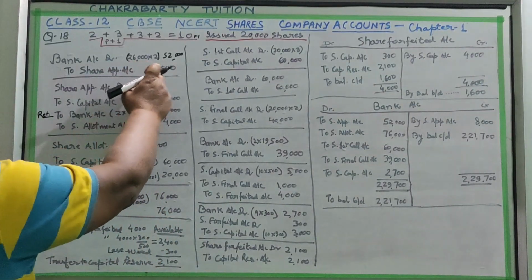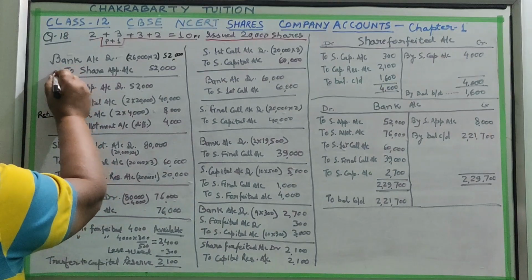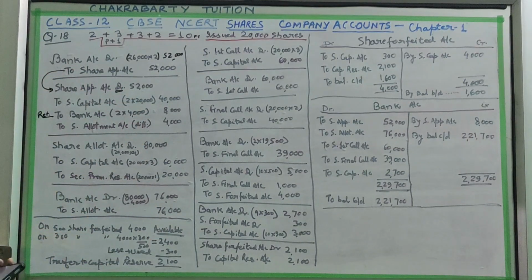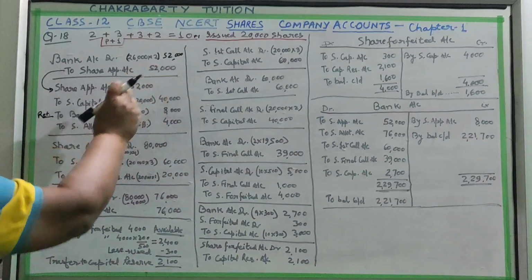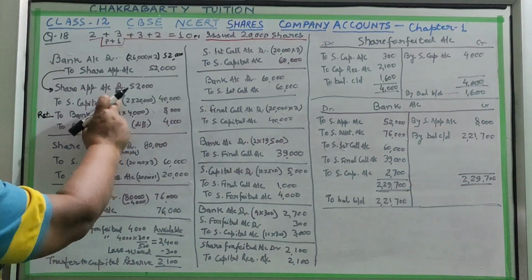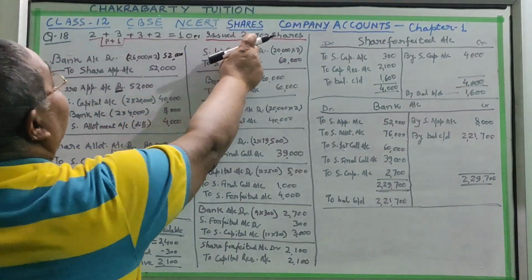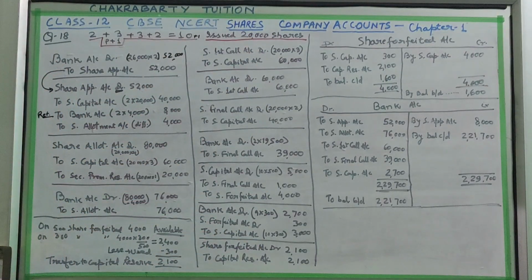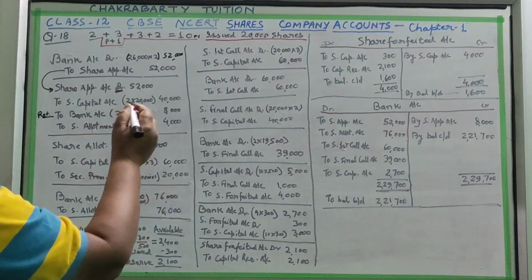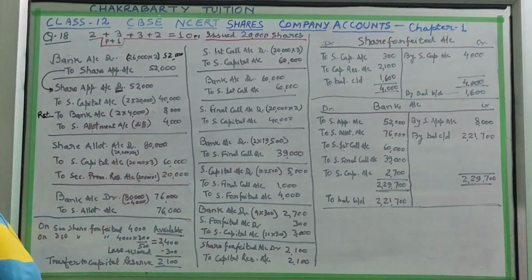We debit share application account with 52,000 and transfer to capital. This is a transfer entry at the rate of 2 for 20,000 shares, because we have issued 20,000 shares. So capital account will be credited by 2 into 20,000, which means 40,000 rupees.